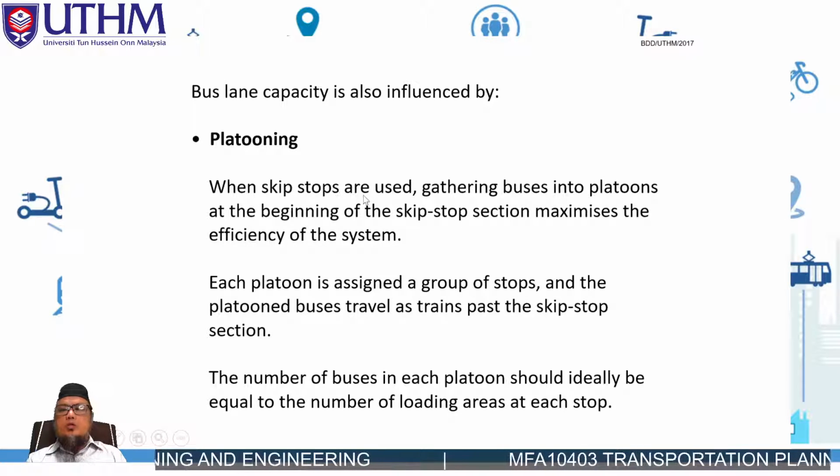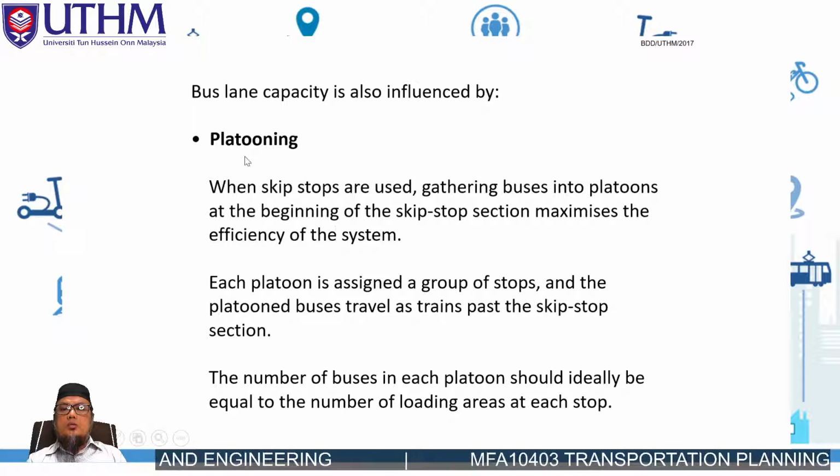Platooning. When skip stop is used, gathering buses into platoons at the beginning of the skip stop section maximizes the efficiency of the system. So each platoon is assigned a group of stops, and the platoon buses travel in a train past the skip stop section. The number of buses in each platoon should ideally be equal to the number of loading areas at each bus stop area.